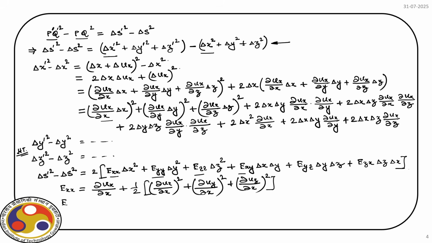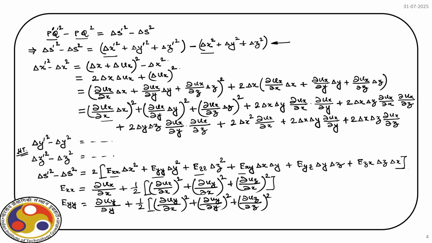Similarly, we have capital E of y y, which is u y differentiated with respect to y plus half within bracket u y differentiated with respect to x whole square plus u y differentiated with respect to y whole square plus u z differentiated with respect to z whole square.